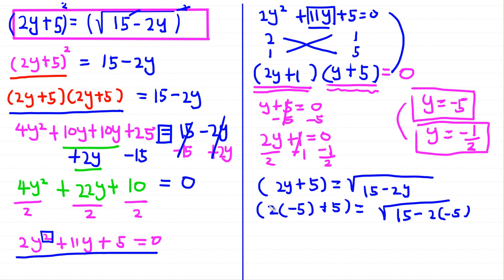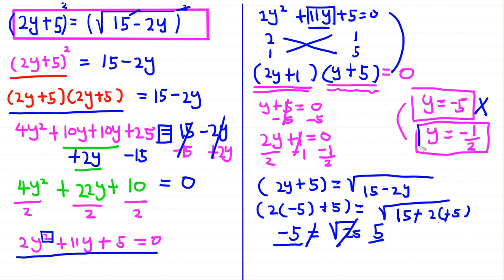Simplified, 2 times negative 5 is negative 10, plus 5 is negative 5. And it should be equal to the square root of 15 minus 2 times negative 5. The negative turns into a positive, so it's the square root of 25, which is equal to 5. But negative 5 is not equal to 5, so this is not our solution.